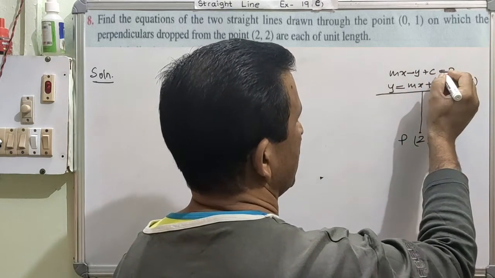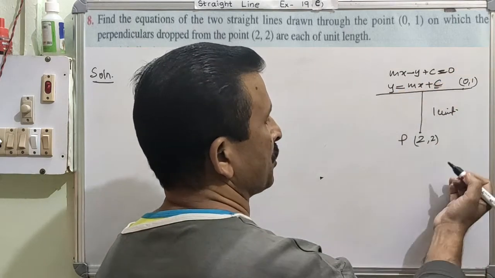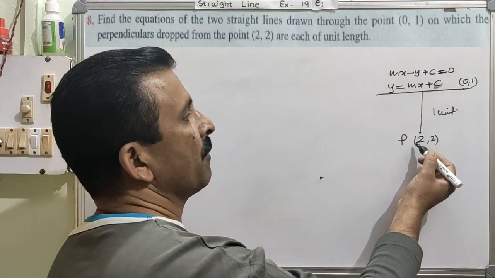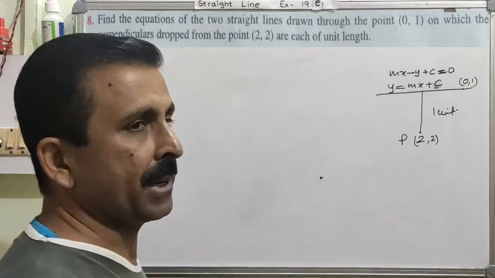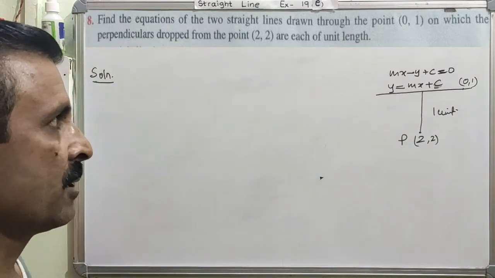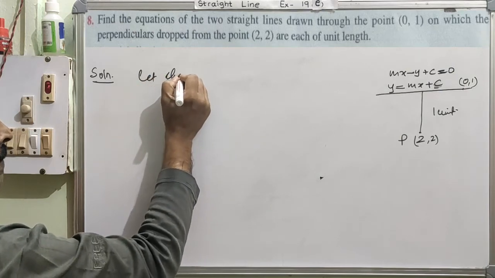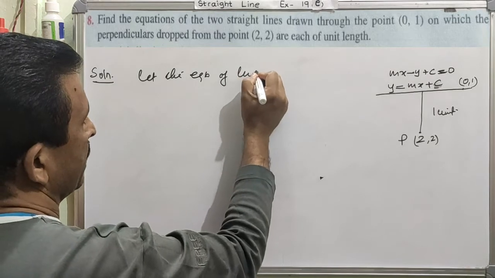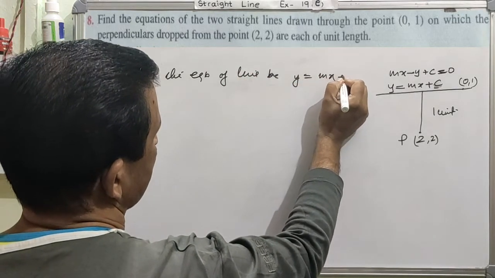This is the equation that we have assumed for this line, which passes through this point and is at a distance of 1 unit from the point P. So let the equation of the line be y is equal to mx plus c.